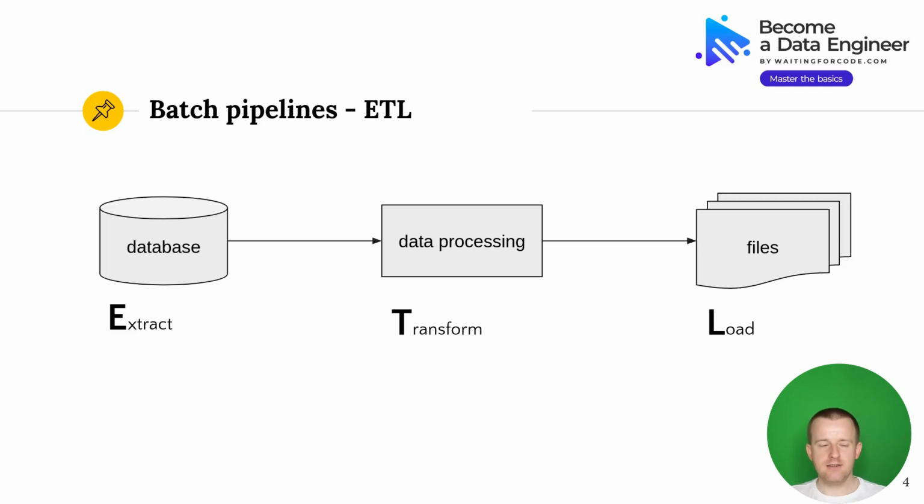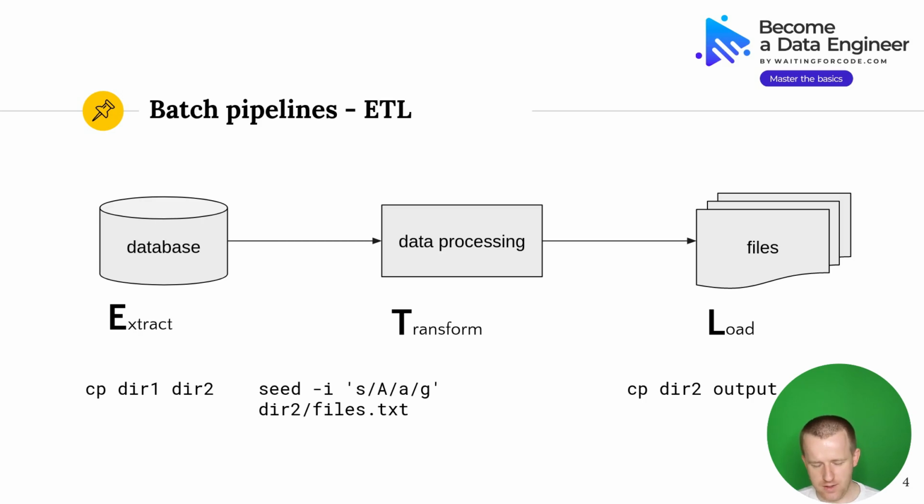More specifically, the things we have been seeing so far are what we call ETL, so extract, transform, load pipelines, where we have some data extracted, transformed, and loaded to the data sink. More technically speaking, you can imagine some Unix commands like cp to copy directories to extract data from one place to another, sed to replace uppercase letters by lowercase letters and write them into a new file, and a load to copy this temporary directory to some final output destination.